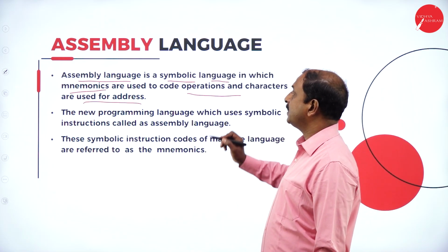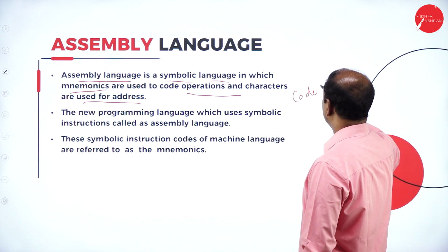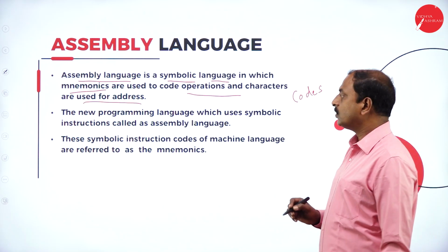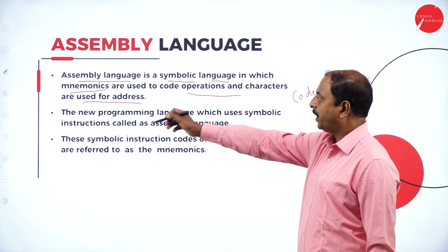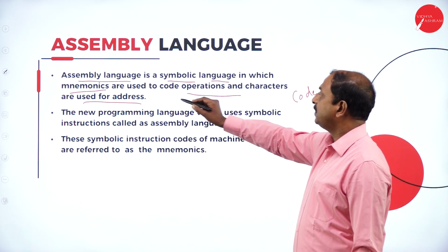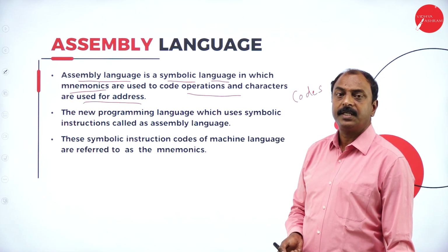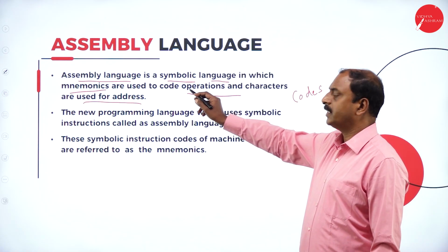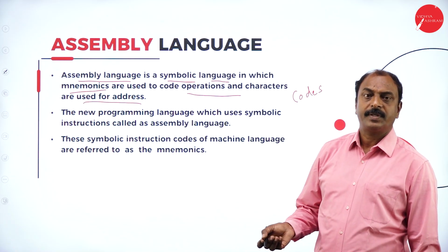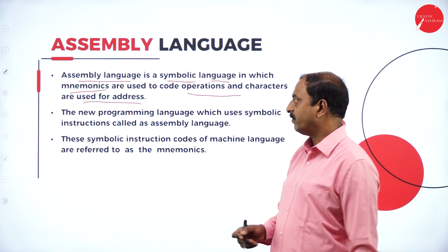We say it is a language of codes, and these codes are called mnemonics. So it is better as compared to machine level language. Here the user has to remember only the codes rather than remembering all the sequences of zeros and ones for different operations in machine level language.